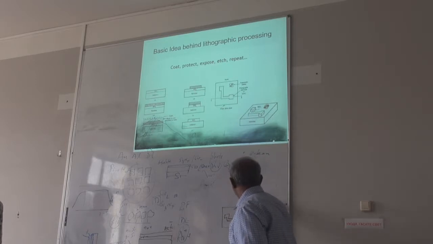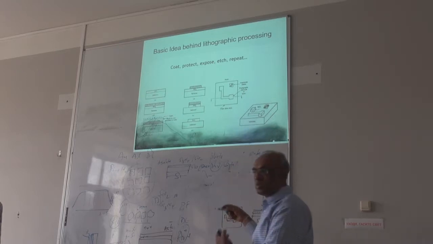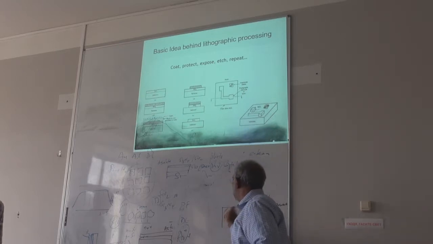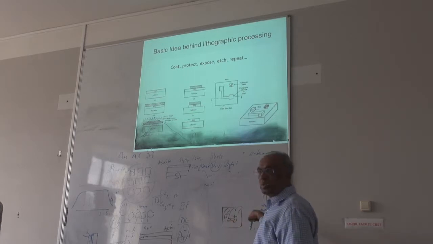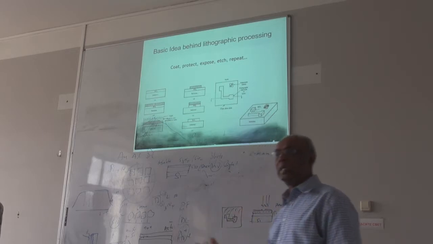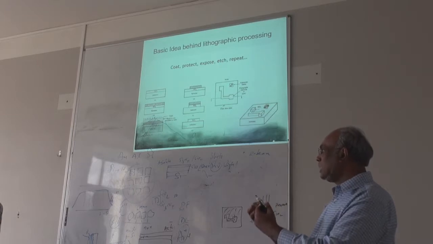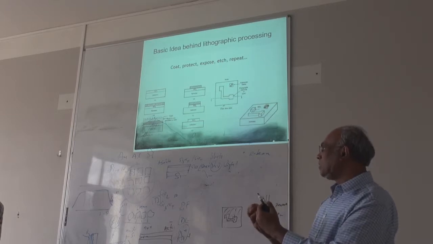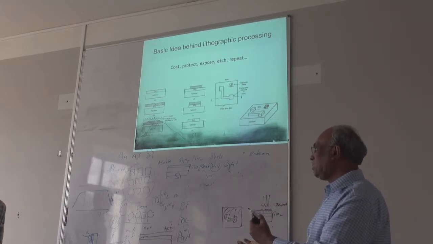When you expose to light, only this part gets exposed, because this is all closed. This polymer has some special property. When you expose to light, the polymer becomes, we call this cross-linking. Then you can remove that part.